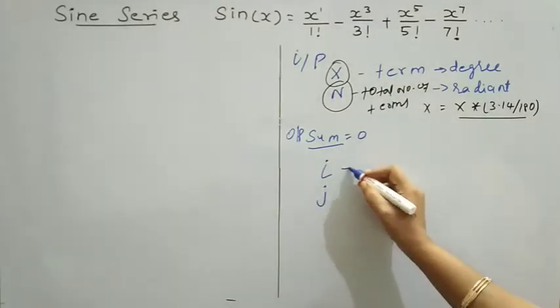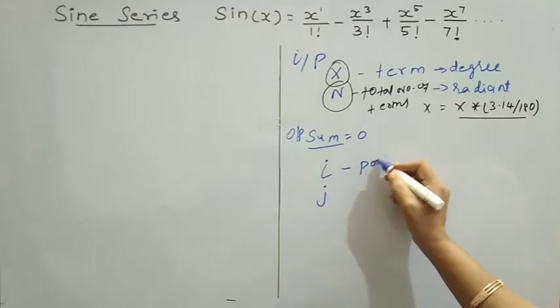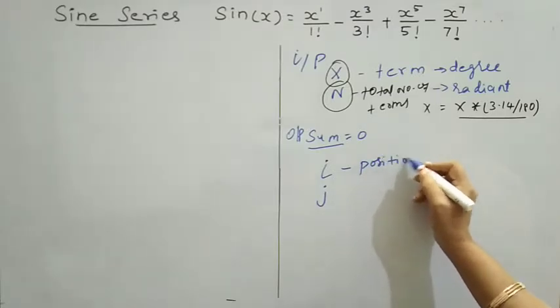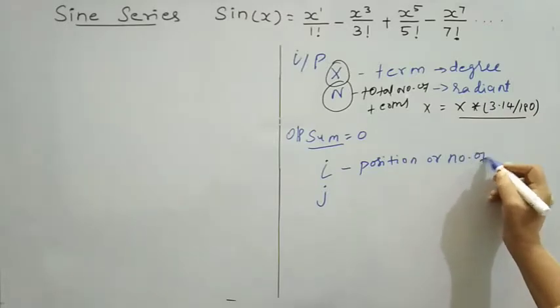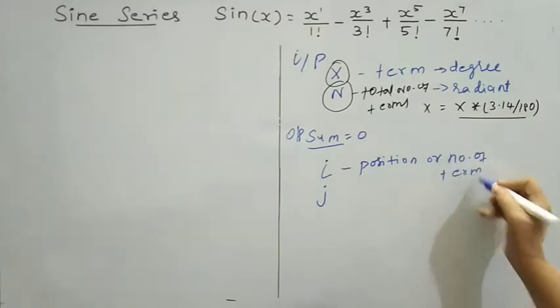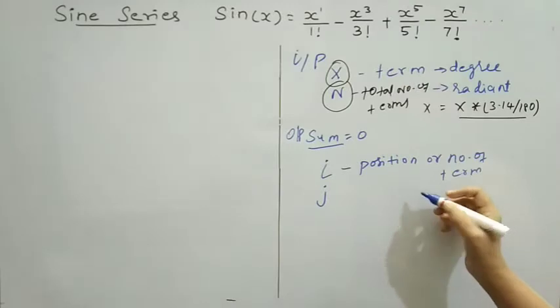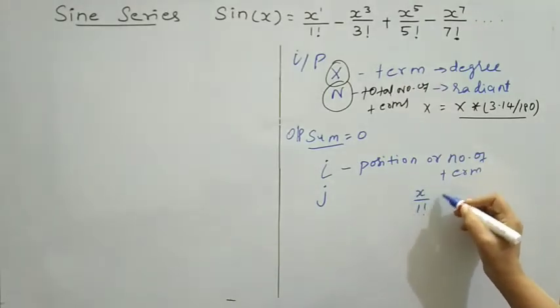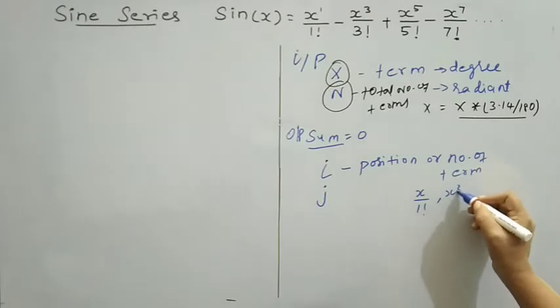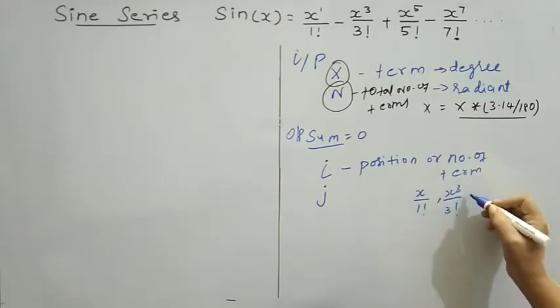So what is i? That is the position or the number of the term in the series. For example, what are all the terms in the series? It is x by 1 factorial, x cube by 3 factorial.